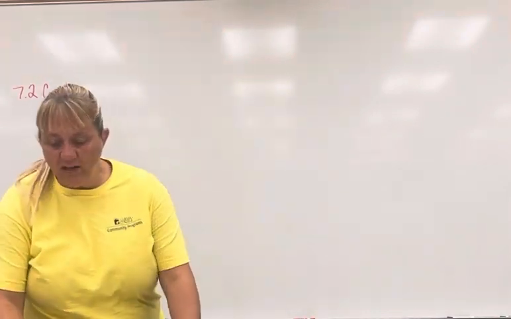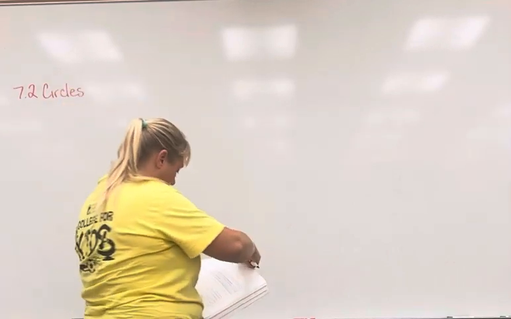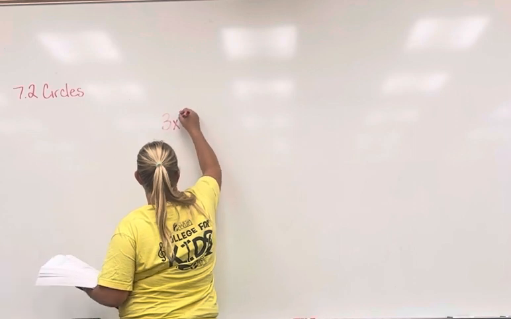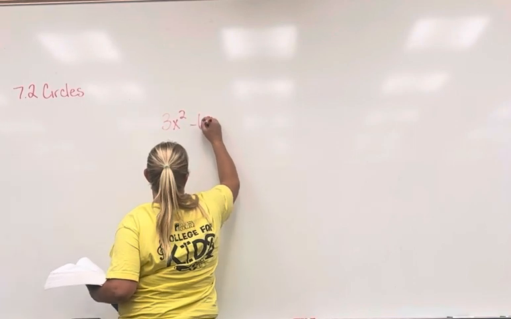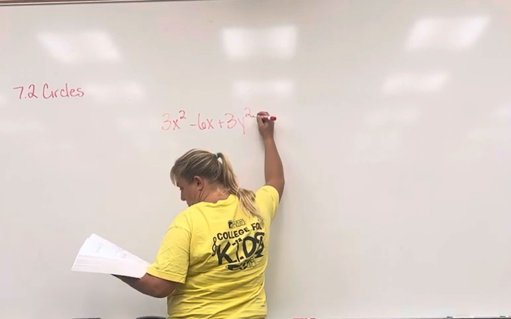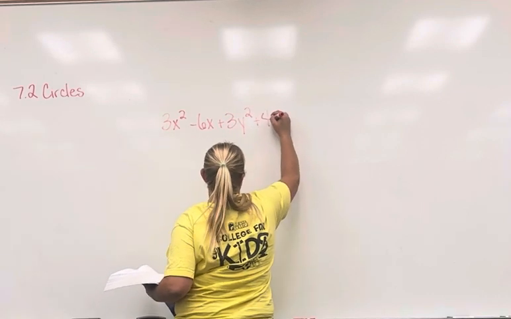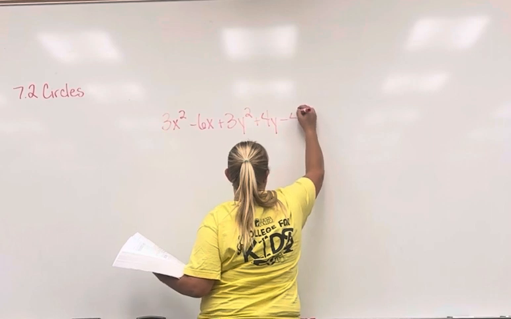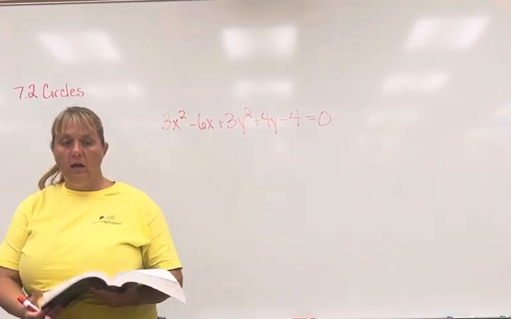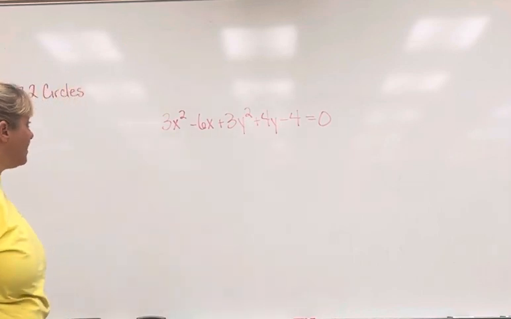So this is what you get: 3x squared minus 6x plus 3y squared plus 4y minus 4 equals 0. Okay. And let's say that it said to graph this.